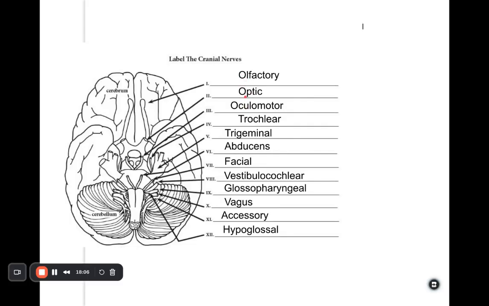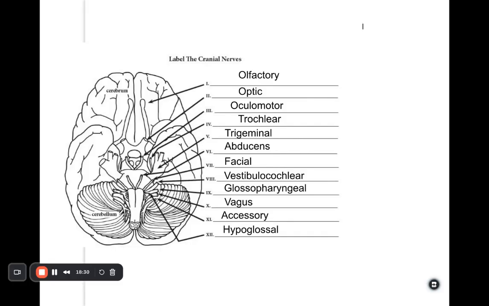Opie and optic, 2 letters. Organic and ocular motor. Tropical with the TRO, and treats are fruits and vegetables. Good vitamins always help. So some of those like double letters can help with some of these.